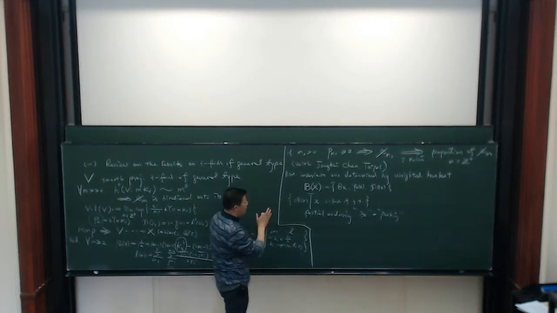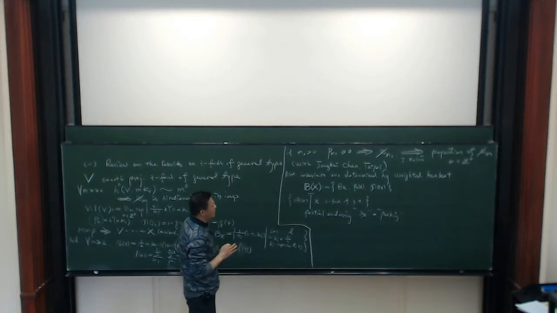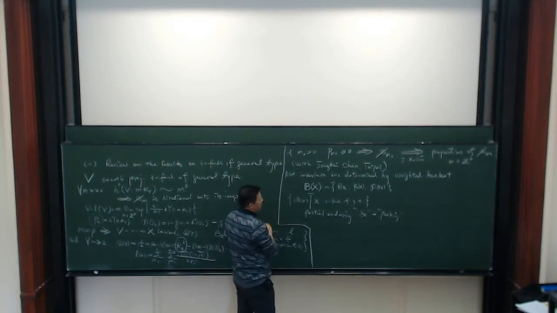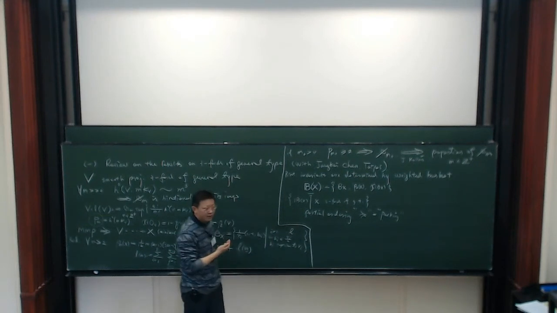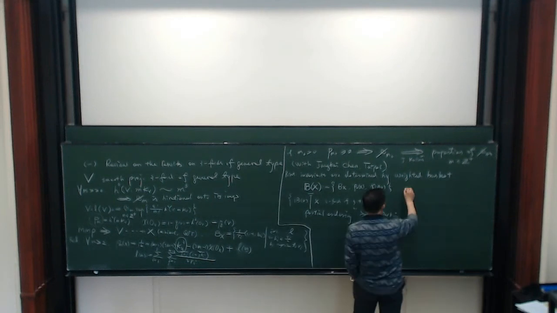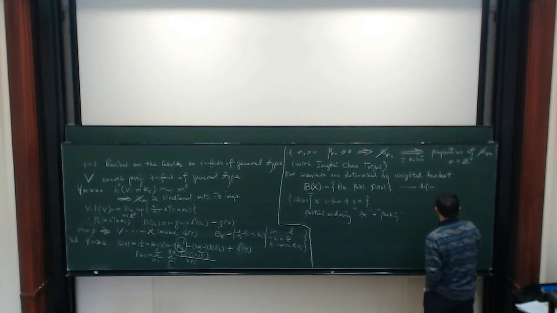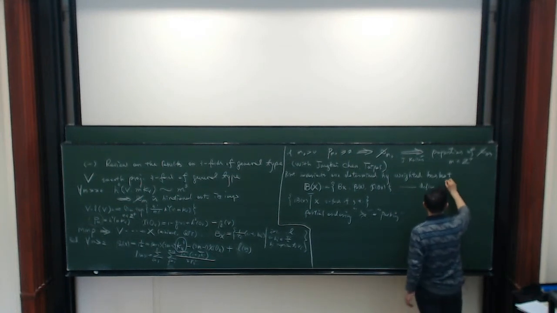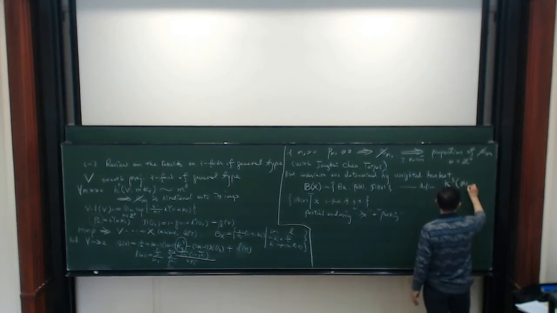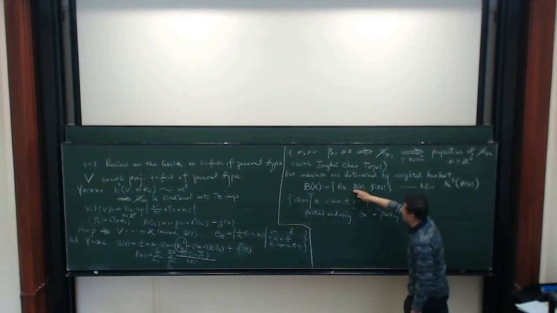On this set we have this ordering, and another point is, given a weighted basket, we can define some invariants. Say the volume, which we define by abuse of notation, and several invariants of the basket.